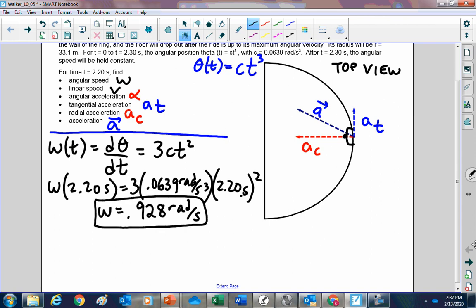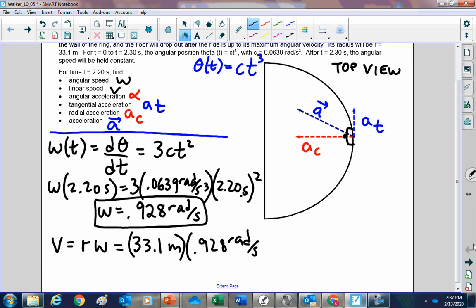Now to get linear speed, this is on the pink sheet. Toward the bottom, it will tell you linear speed is just radius times omega. So that's easy. I'm going to take my 33.1 meters because the rider is at the farthest edge of the circle, and just multiply by my omega value. Radians, remember, is kind of a fakey unit.